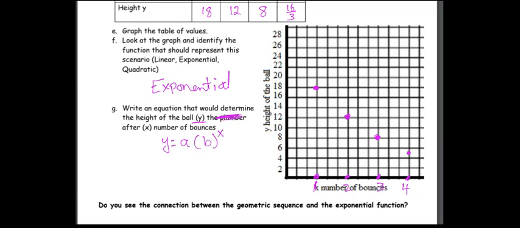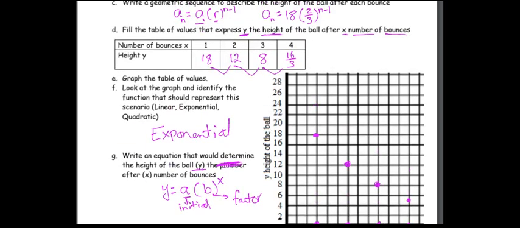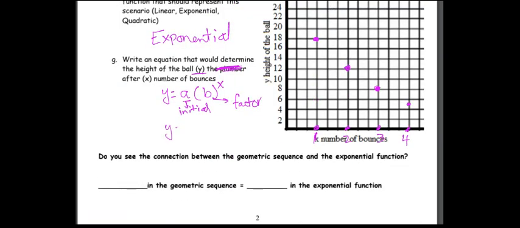And just to remind you, a is the initial value and b is the exponential factor. The exponential factor that we have here is the number that we keep multiplying going from one y value to the next, and that number is 2 over 3. So 2 over 3 is going to be the factor.